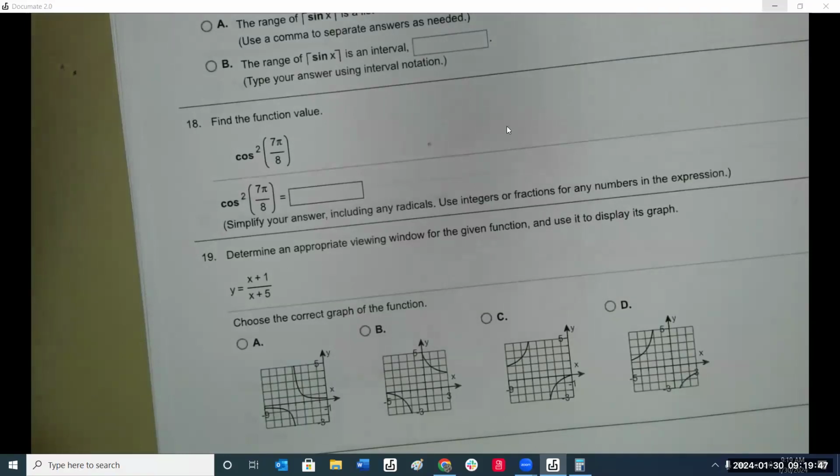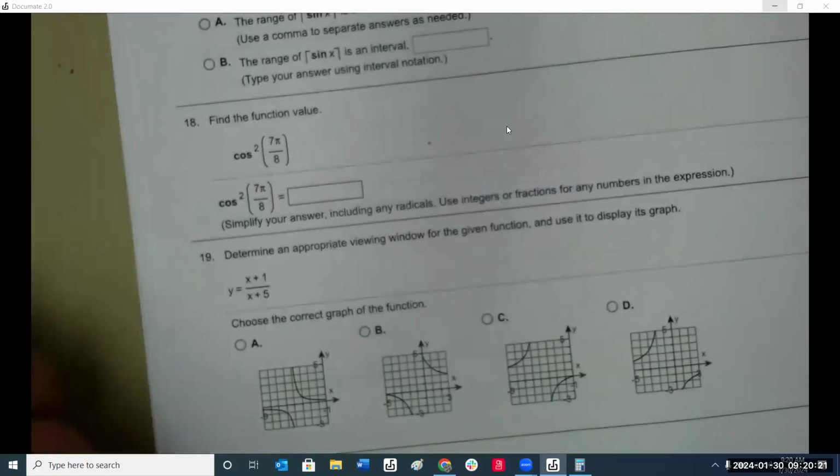I should consolidate these sheets, shouldn't I? A half. The half angle is cosine pi over 2. I want cosine squared. Yeah. Okay, let's figure this out.